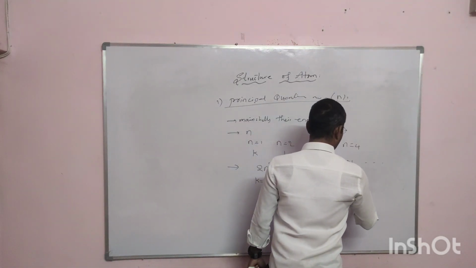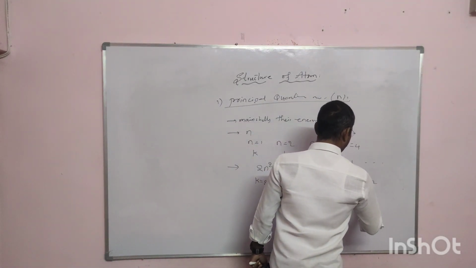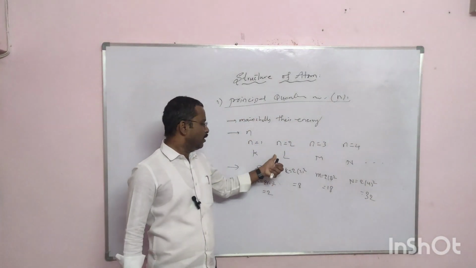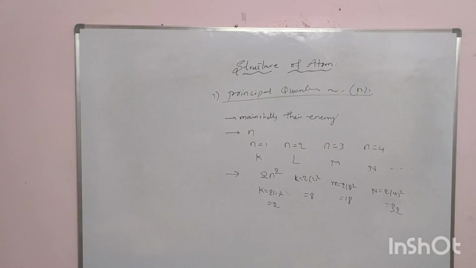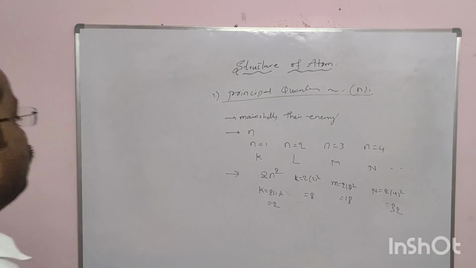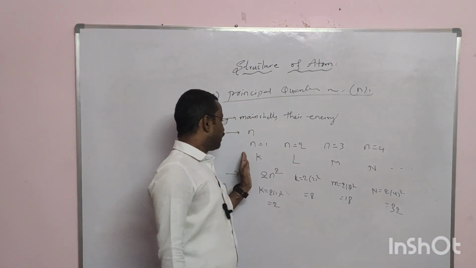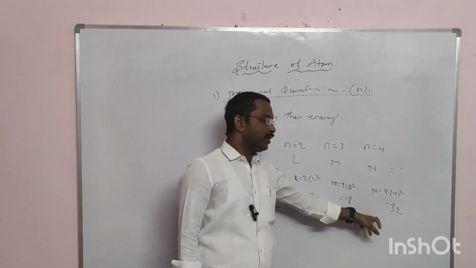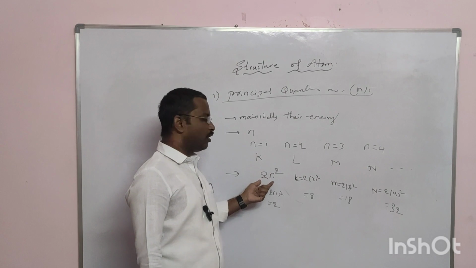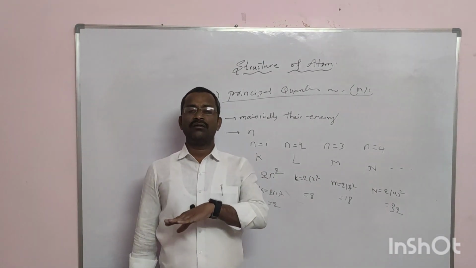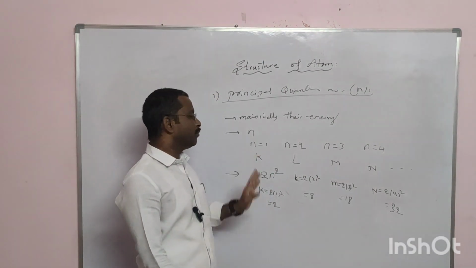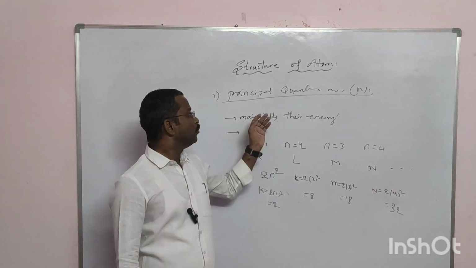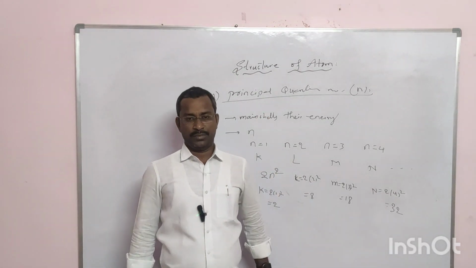And for the N shell, 2 times 4 squared, which equals 32. So the electrons accommodated are 2 in K, 8 in L, 18 in M, and 32 in N, based on the formula 2n squared. This is Bohr's atomic principal quantum number.